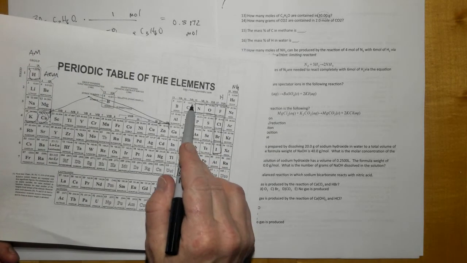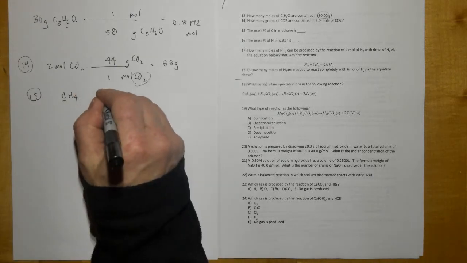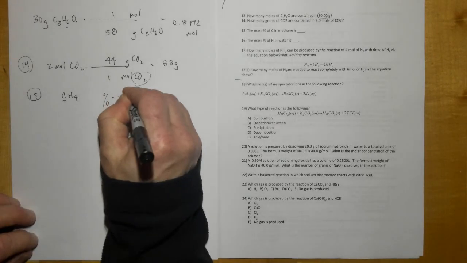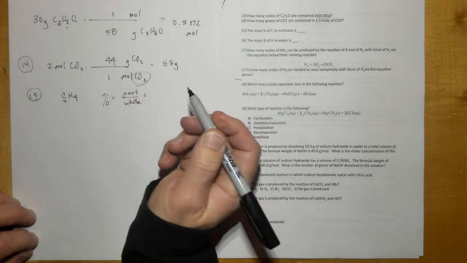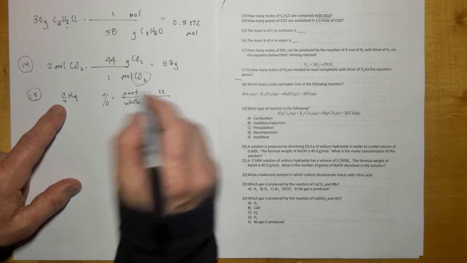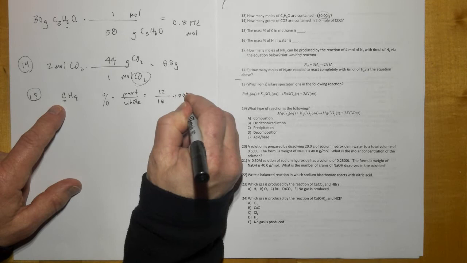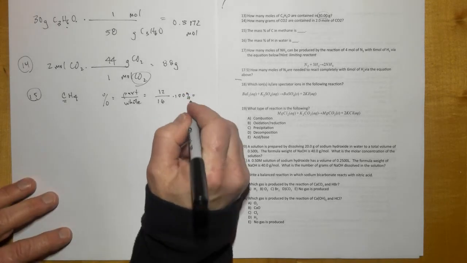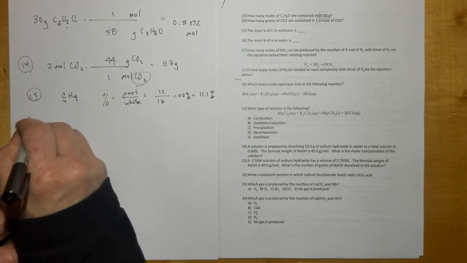That, of course, is 12. Hydrogen each is 1. So when you're finding percent, remember it's always part divided by the whole thing times 100%. And so carbon here would be 12 divided by 12 plus 4, or 16, times 100%, and it ends up being 11.1% for number 15.